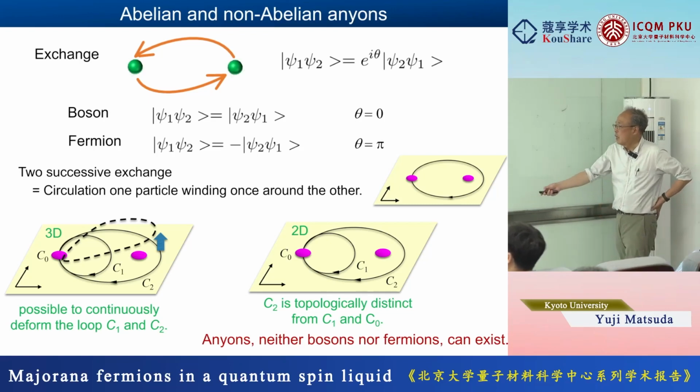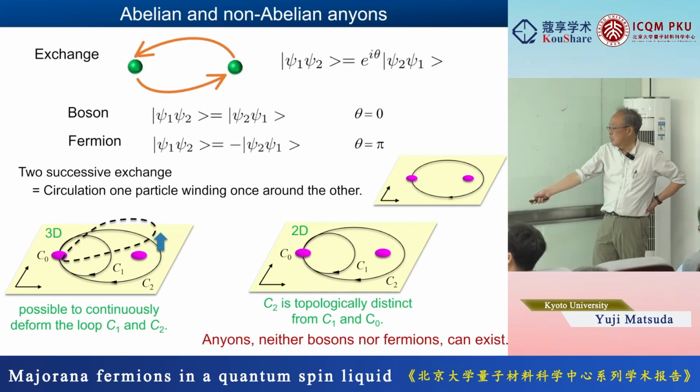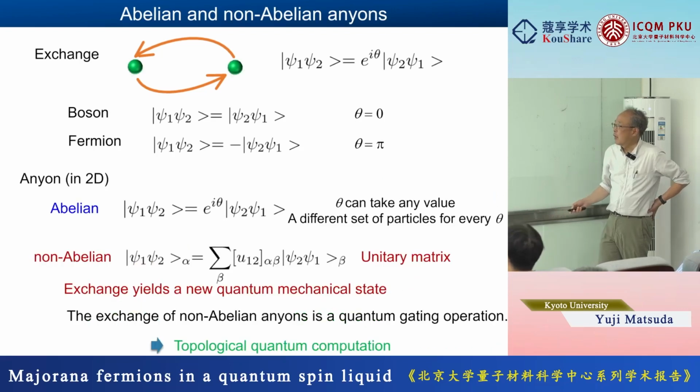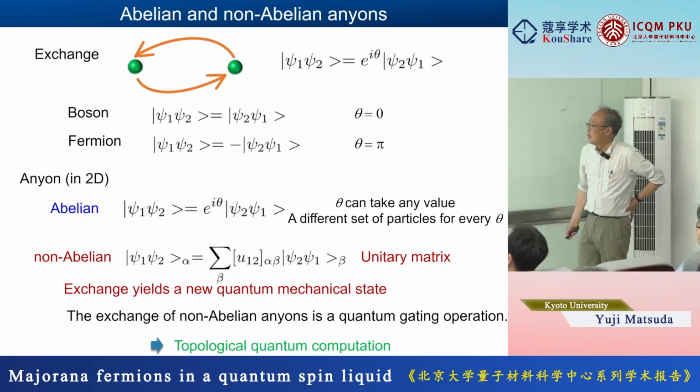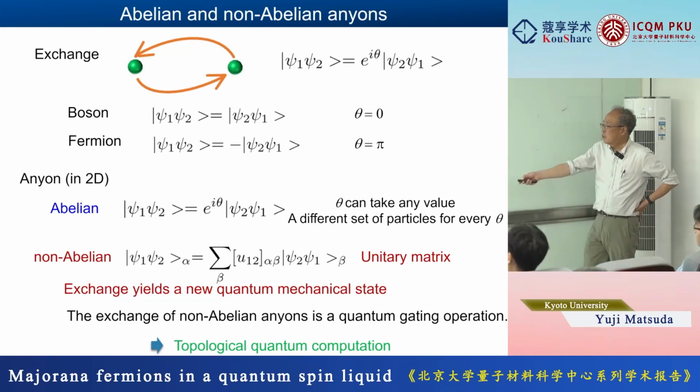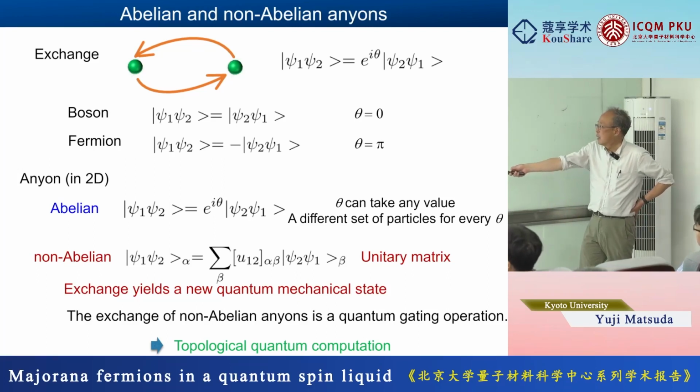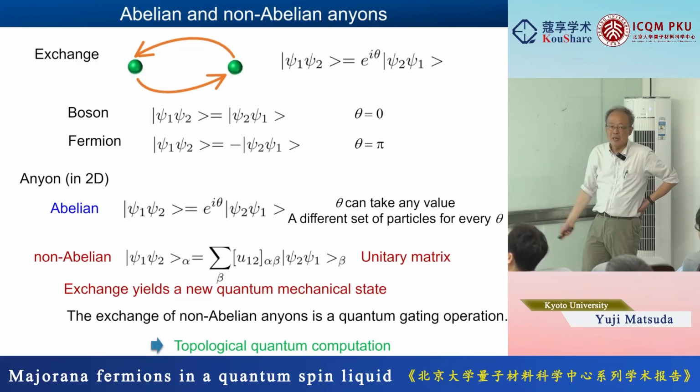Therefore, in this case, anyons, neither bosons nor fermions, can exist. So anyons exist in 2D. There are two types of anyons. Theta can take any value, and a different set of particles appears for every theta, like this. This particle is called an abelian anyon.